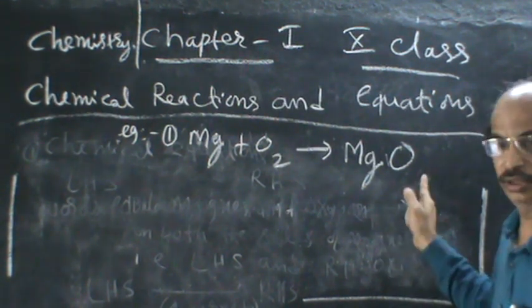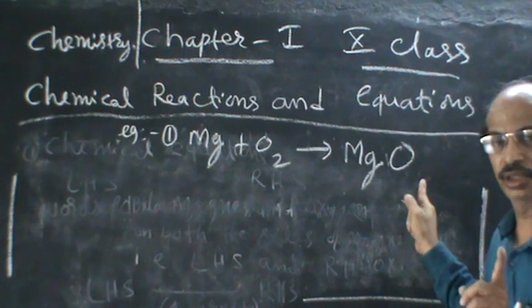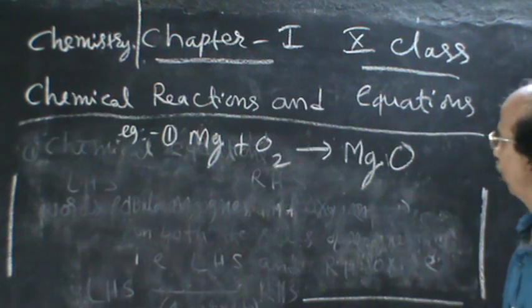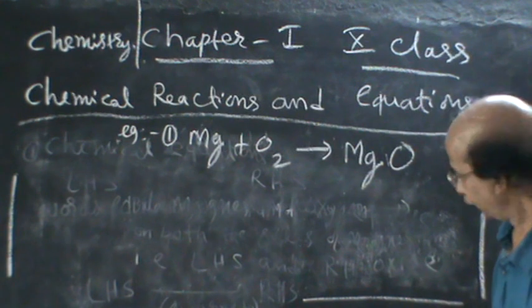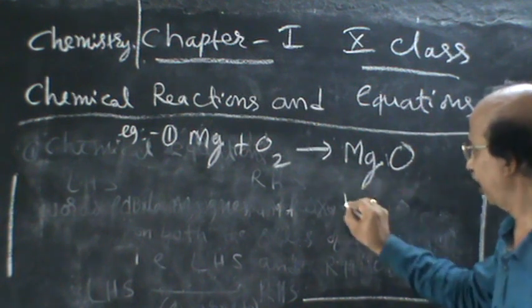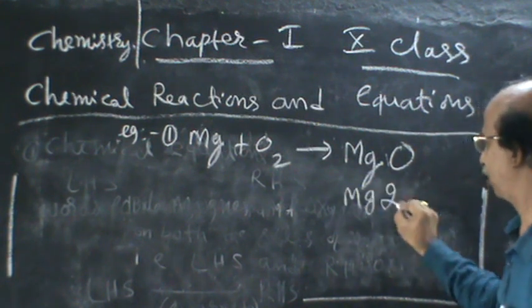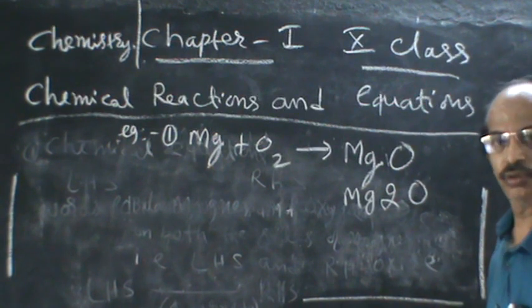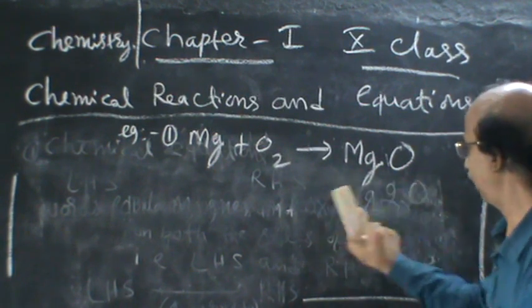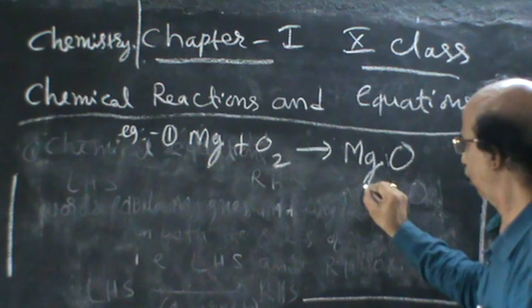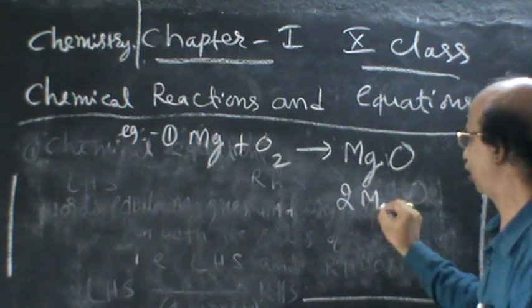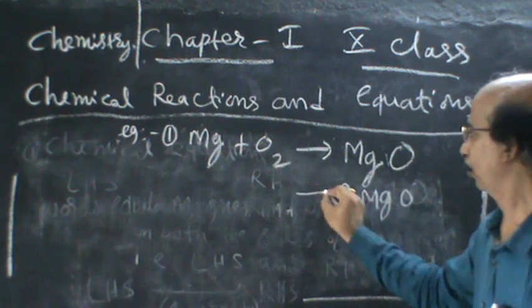If there is no number, think that there is one always. If you want to make 2 here, do not write 2 in between. Don't break that compound. You must write 2 here. You must write 2 MgO like this. 2 MgO.